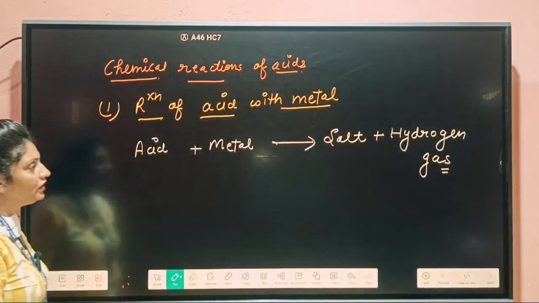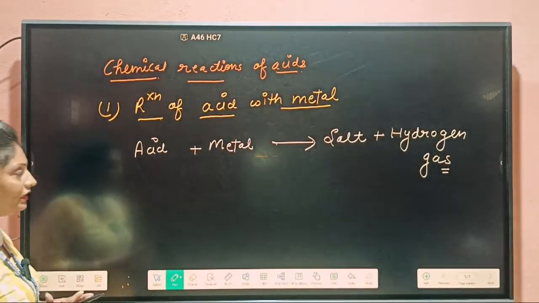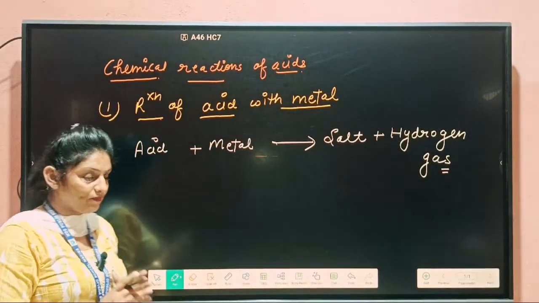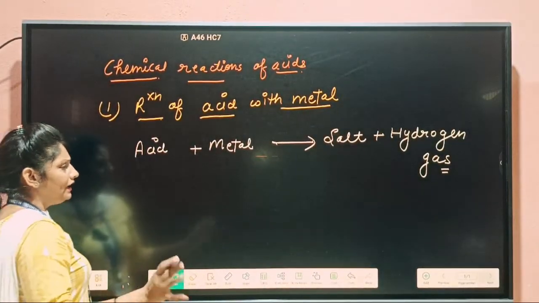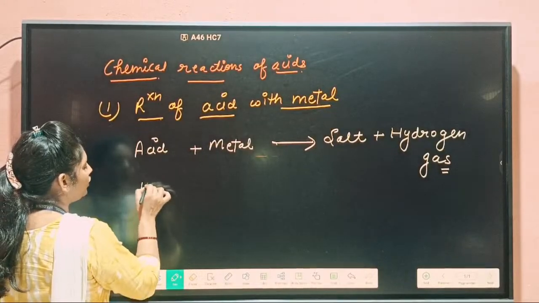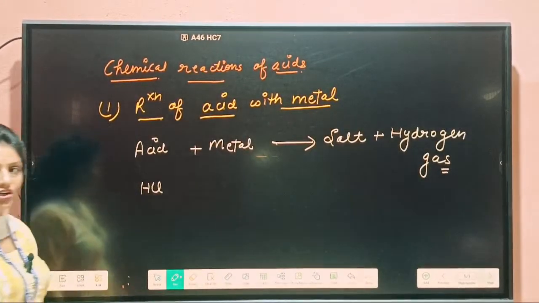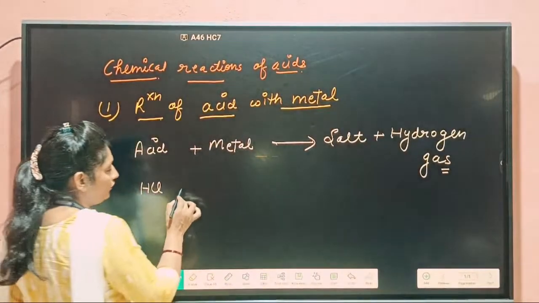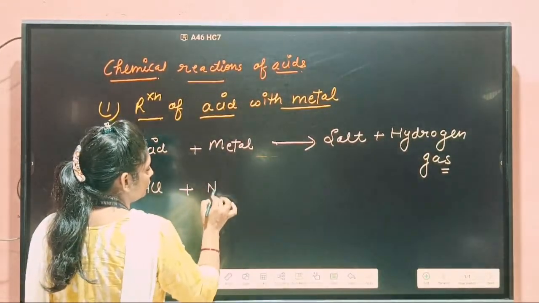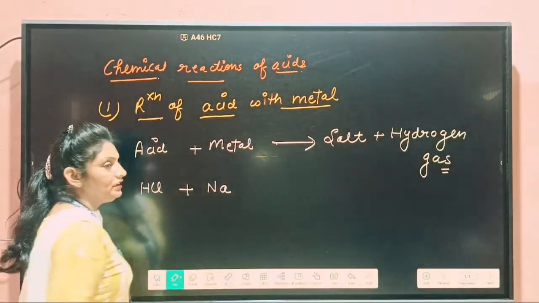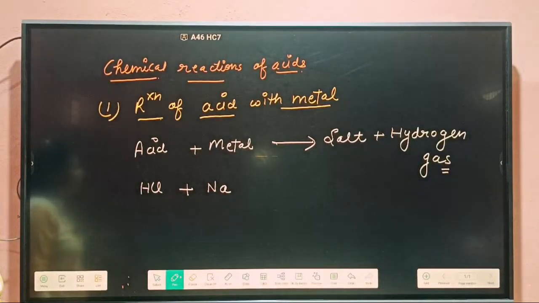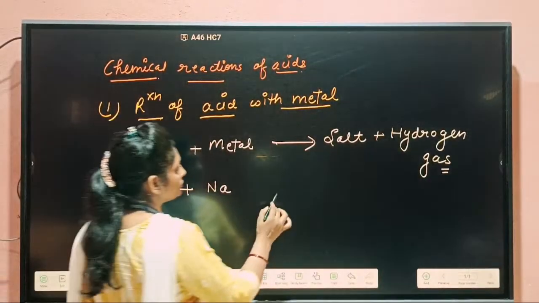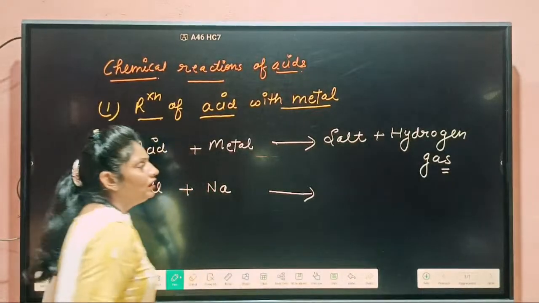Need not be worried about this. We can write the equation in a very simple way. Okay students, let us consider we are taking hydrochloric acid here, HCl. If it is reacting with a metal, that is sodium, then students, what will happen?